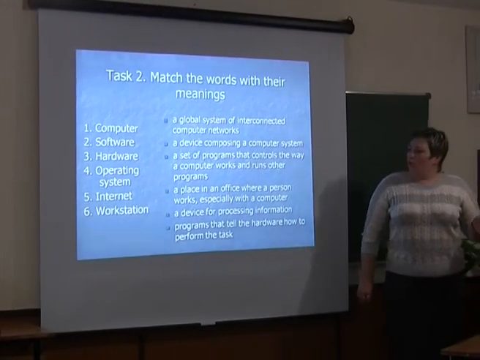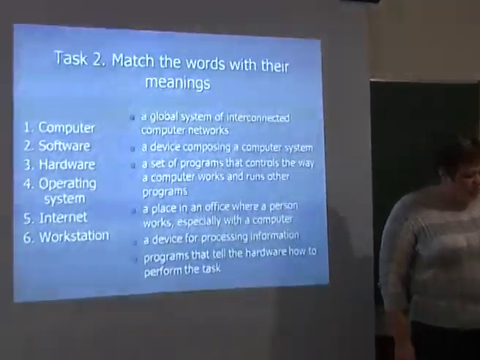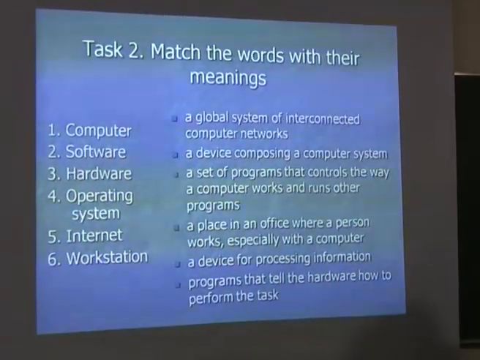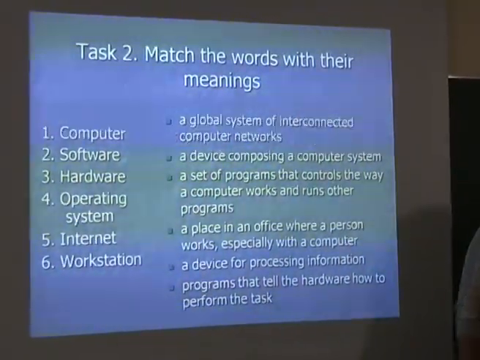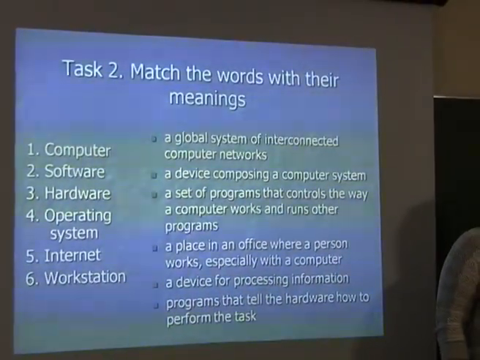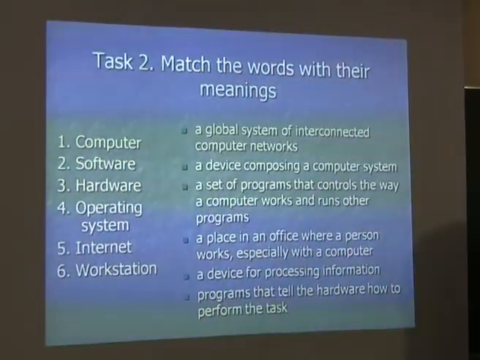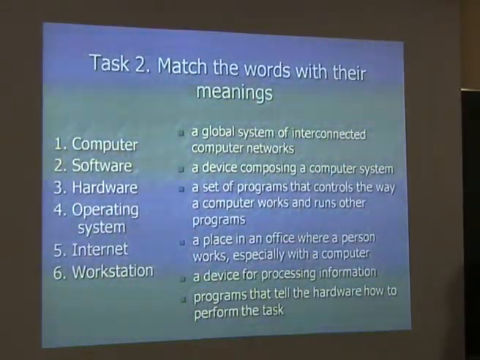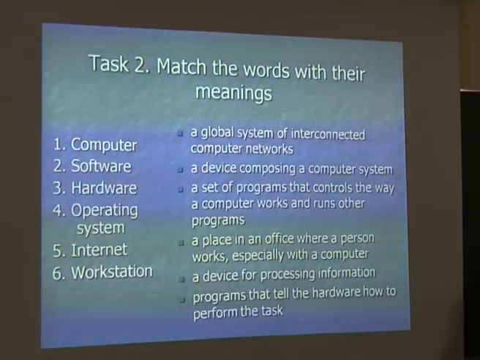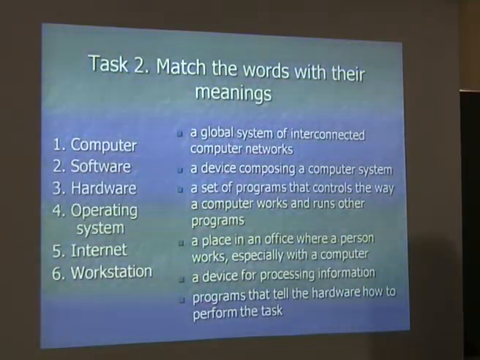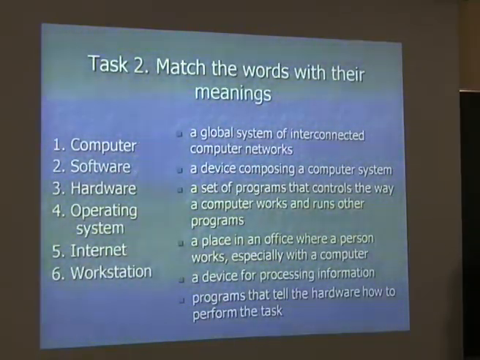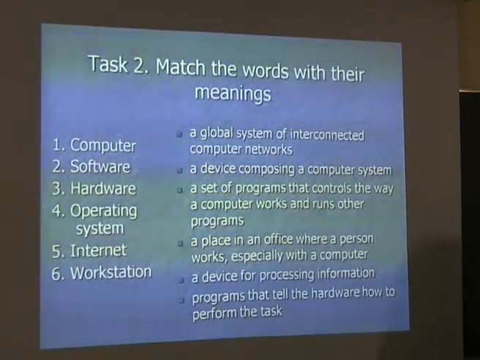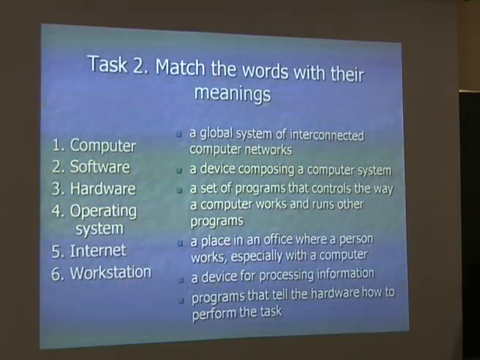The next task, matching. So, what is a computer? Ksyusha? A computer is a device for processing information. Good. Software? Ruslan? Software are programs that tell the hardware how to perform the task. Good. Hardware, Denis? Hardware is the device for composing a computer system. Mind the pronunciation. Hardware. Device, okay. Operating system, Kate?